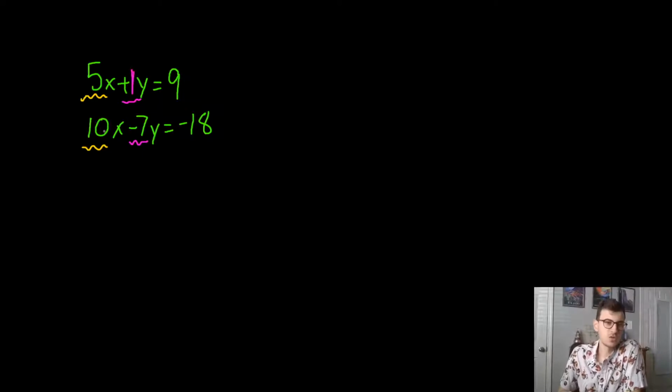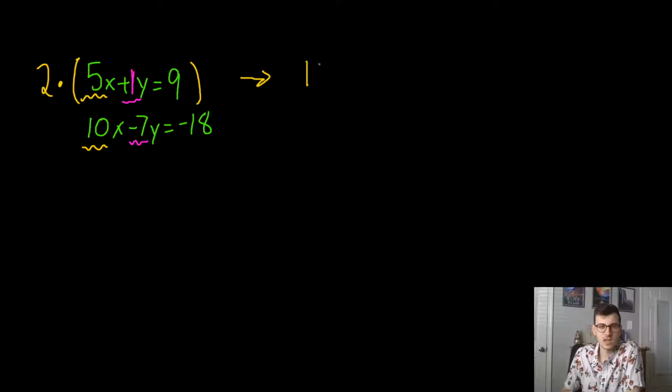So what would I need to do to make 5 the same as 10? Well, if I multiply this entire equation by 2, multiplying both sides by 2, then what does that leave me with?